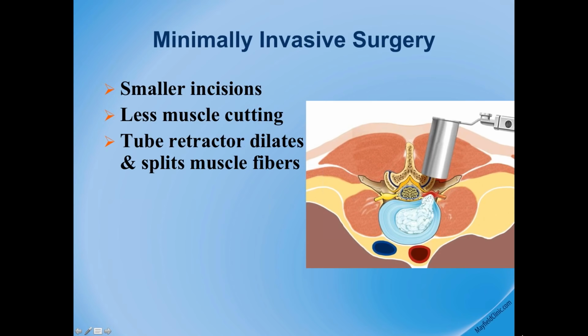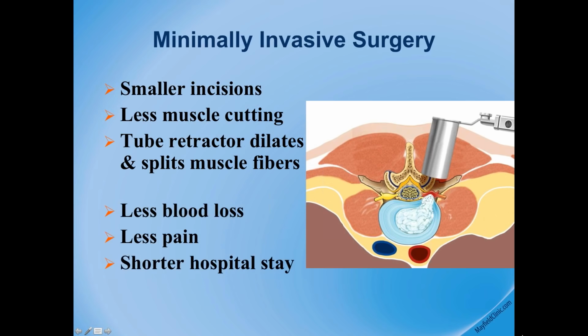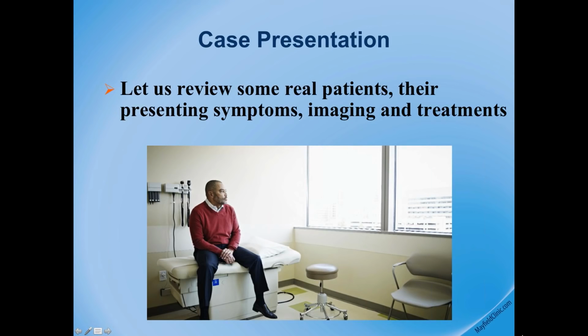With the minimally invasive techniques that we employ today, we provide smaller incisions with less muscle damage, and we use retractors to split muscle as opposed to push and pull against them for long periods of time. This has the advantage of less blood loss, less pain, shorter hospital stays, and quicker recoveries.